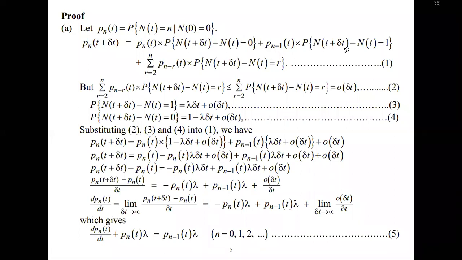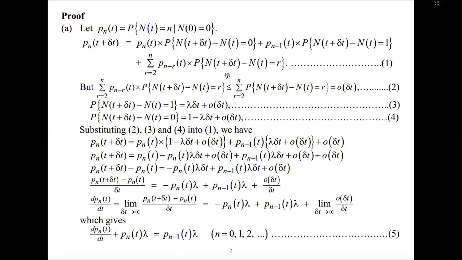Then the second term here is the probability that one event occurs. Have you seen it? If one event occurs, then the number of events before will be n minus 1. Times the probability that one event occurs. Then the last term is the probability that more than one event occurs, that is 2 or more events.